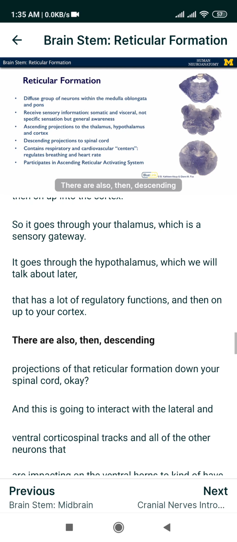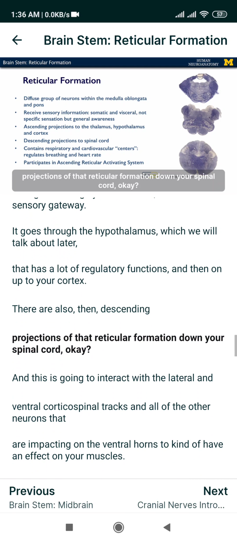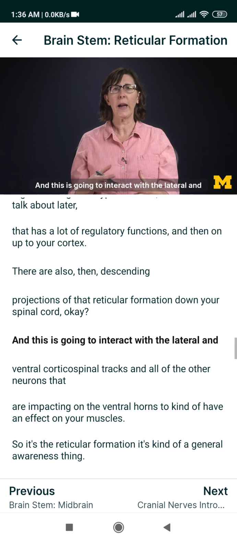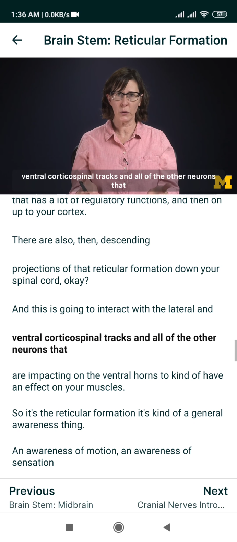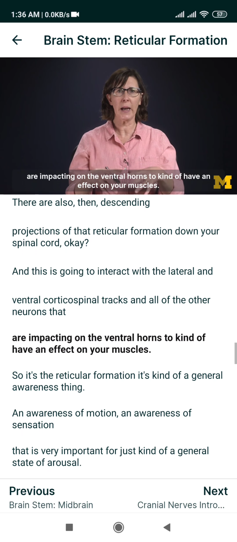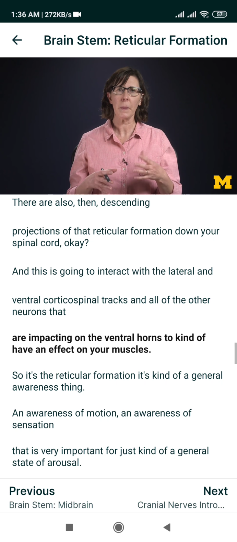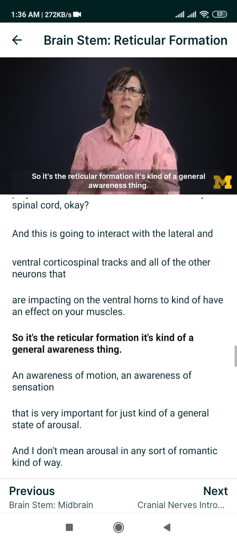There are also then descending projections of that reticular formation down your spinal cord. Okay, and this is going to interact with the lateral and ventral corticospinal tracts and all of the other neurons that are impacting on the ventral horns to kind of have an effect on your muscles.